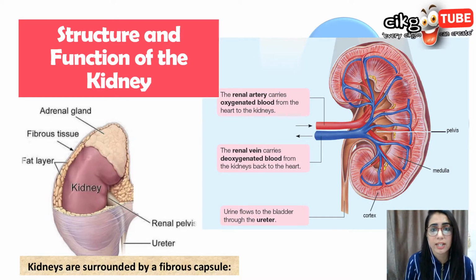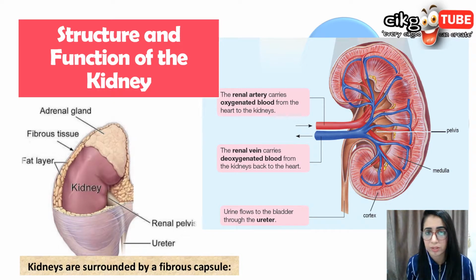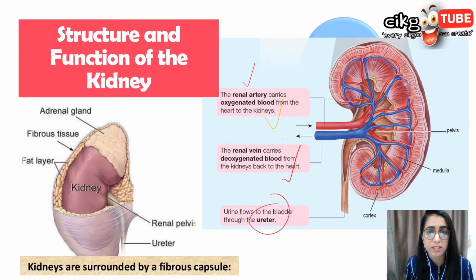The renal artery carries oxygenated blood from the heart to the kidneys. The renal vein carries deoxygenated blood from the kidneys back to the heart, and the urine flows to the bladder through the ureter.